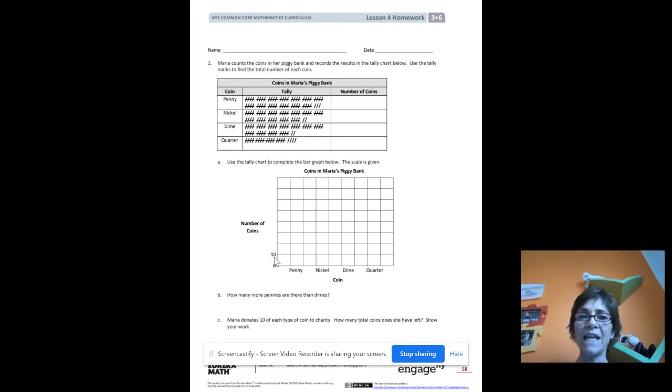But if my interval is 10, and the amount of pennies is the greatest amount that I have, that would be almost 70. So if I have intervals of 10, I'll write 10 here, then 20, 30, 40, 50, 60, 70. And if it's less than 70, I have to be careful, because I have to draw a line at 68.